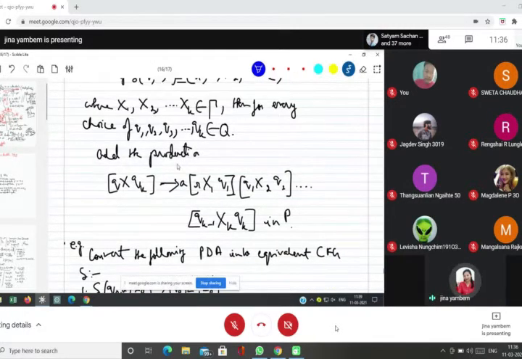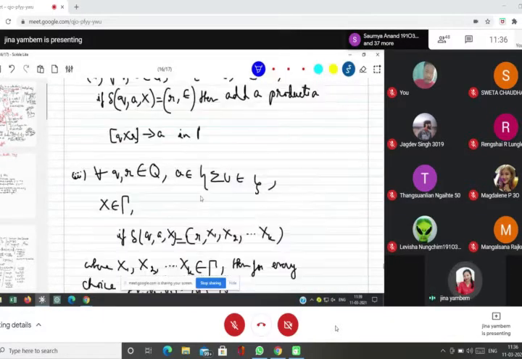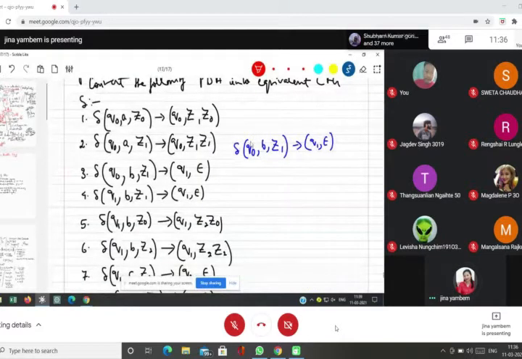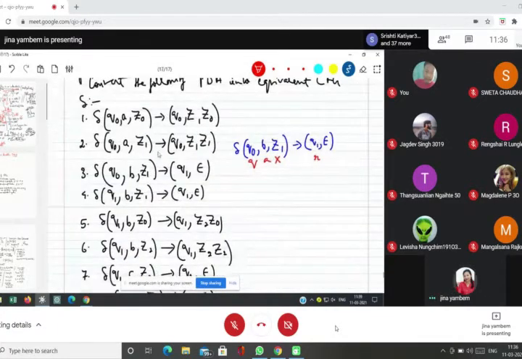Now, as per rule number 2, this is QAX, and this is R. If you have a transition of this format, then you have to insert QXR replaceable by A.